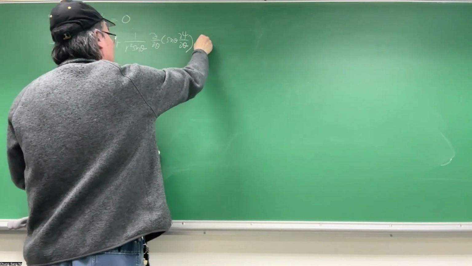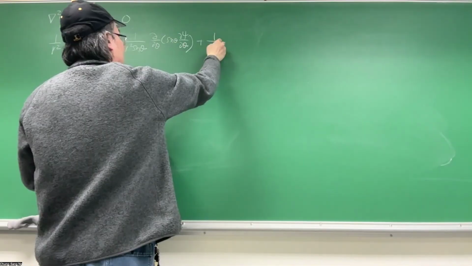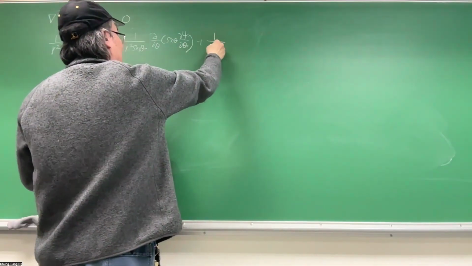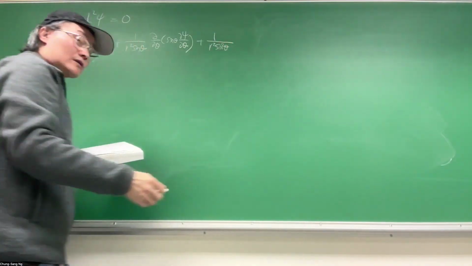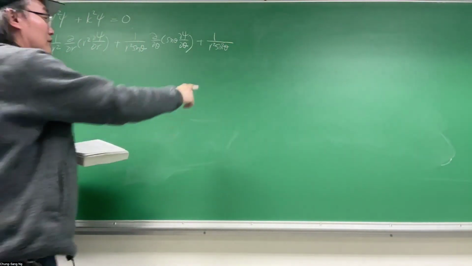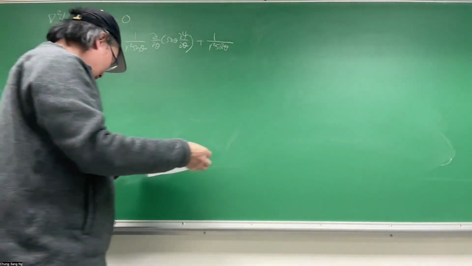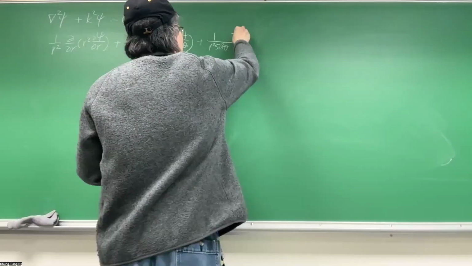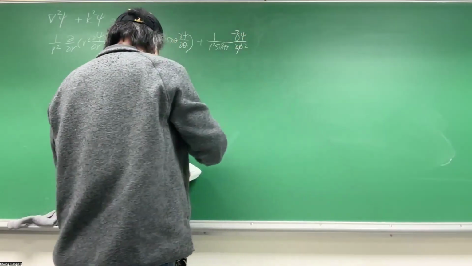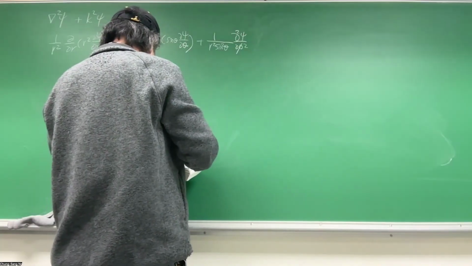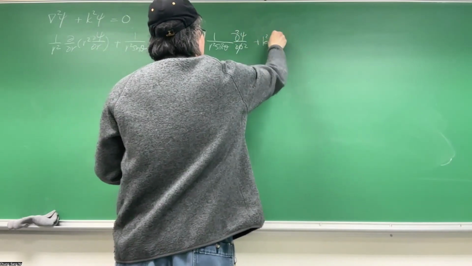And then there's the azimuthal angle term, which is exactly like the cylindrical one, except the denominator is r squared sine squared theta, whereas in cylindrical coordinates this is just rho squared in the denominator. So it's exactly the same form: partial squared phi. I think that's it, and then plus k squared.